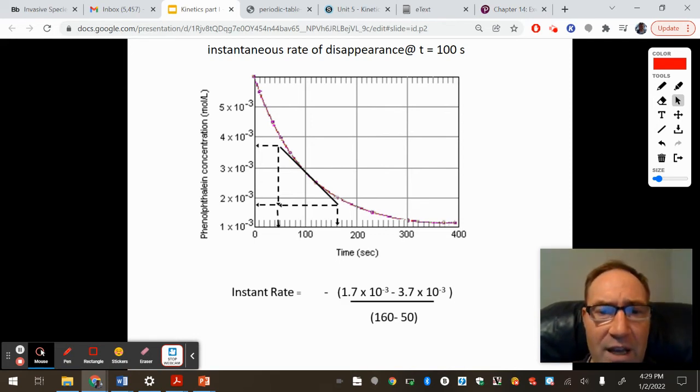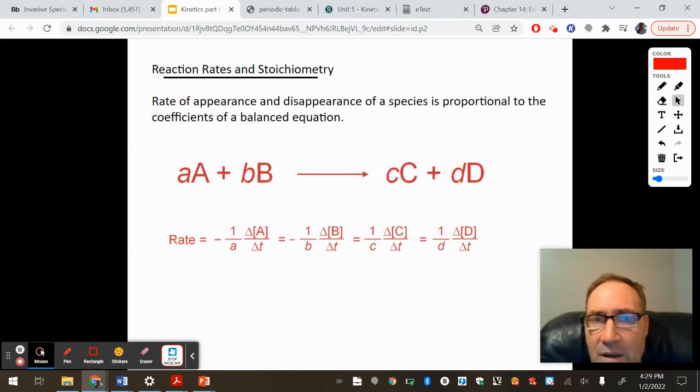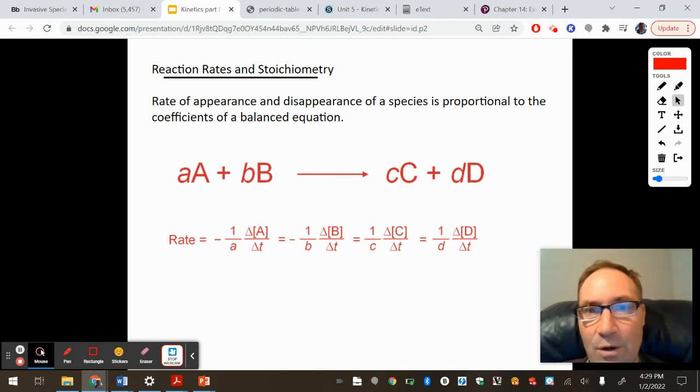Then you take the rise over run, the change in y over the change in x, and that will give you the instantaneous rate at that time. So you have to do two things: find the average rate, which is from the data table, or find the instantaneous rate, which is from a tangent line. It's so easy, right?